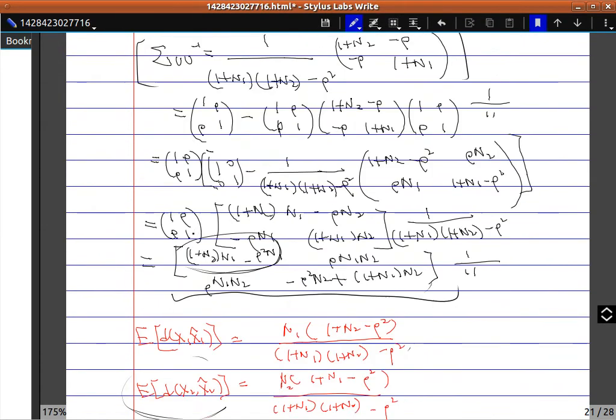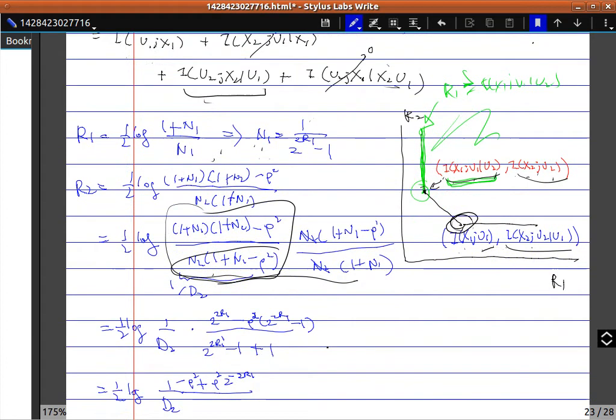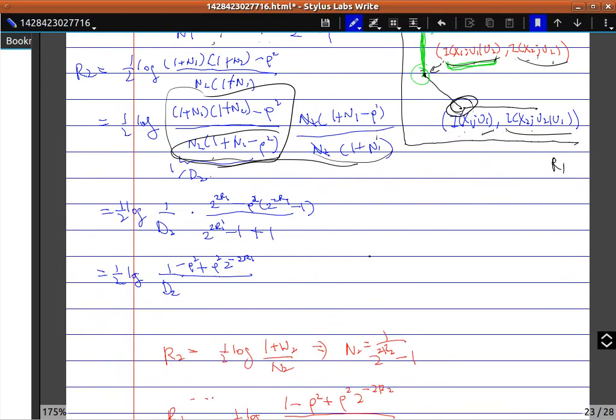If you look at earlier, we have computed the expectation of the distortion. If it's touching the bound, this is just equal to d2, right? So this is equal to 1 over d2. I can substitute m1 back into this equation here, and eventually I have this.